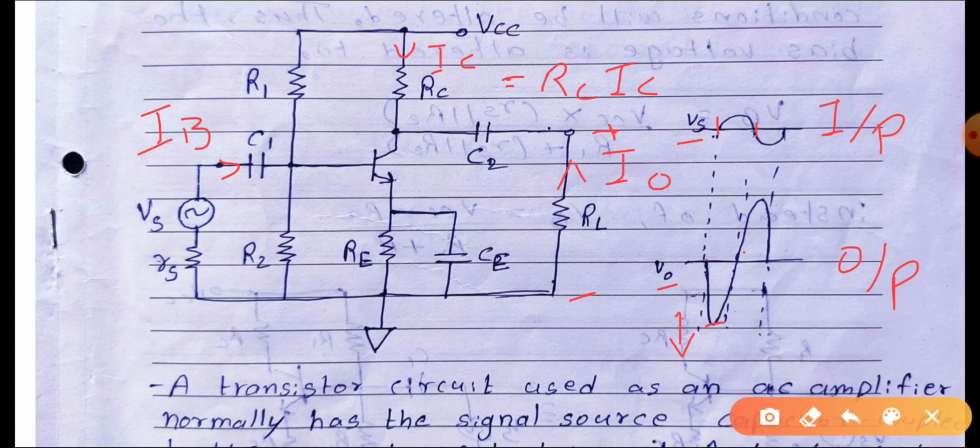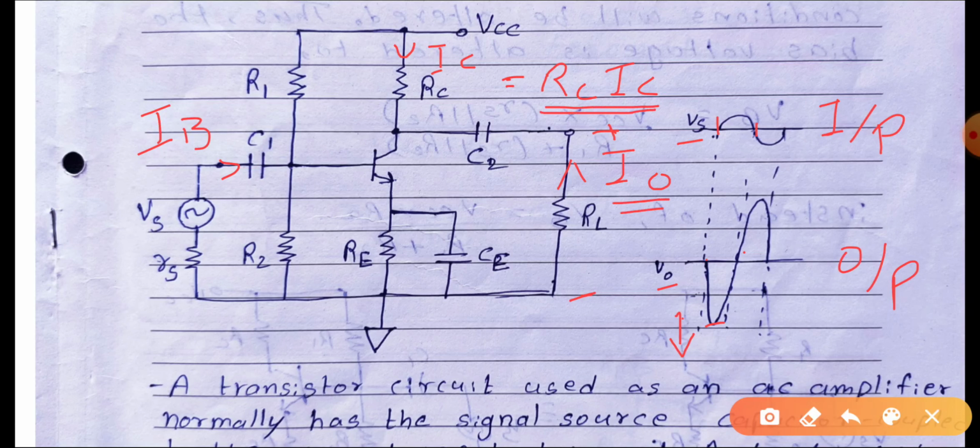And suppose at the negative cycle of the input signal, IB decreases. When base current, that is input current, decreases, collector current also decreases, and when collector current decreases, RC into IC product will also decrease, giving this output voltage to increase.